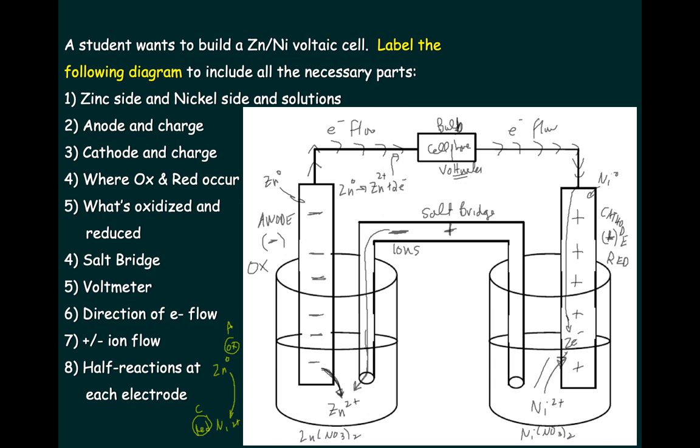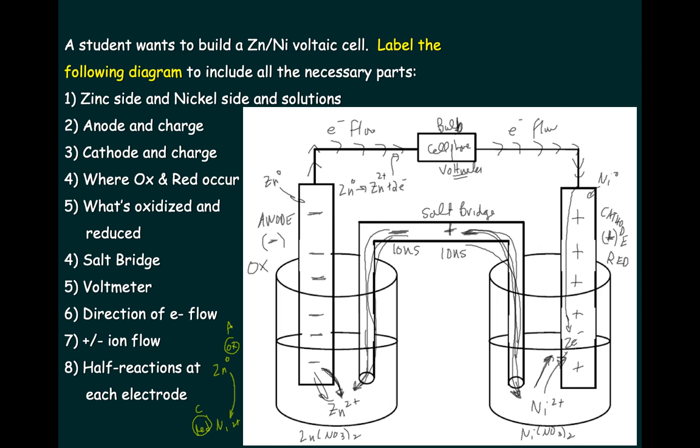So as 2 plus goes off, negatives flow in, and as 2 pluses go away, positives must come in here and replace. So positive ions will go this way, negatives that way. That's going to take place as we go.